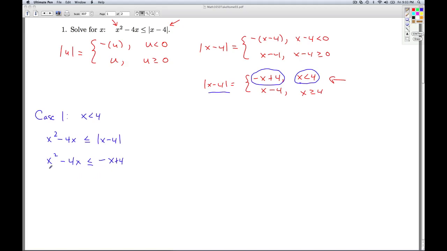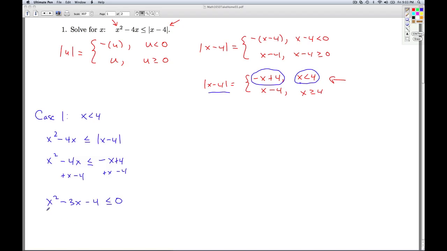I have a nonlinear inequality. The highest power of x is x squared here, so I'm going to get everything on one side, 0 on the other. I'll add x to both sides and subtract 4 from both sides to get x squared minus 3x minus 4 less than or equal to 0.